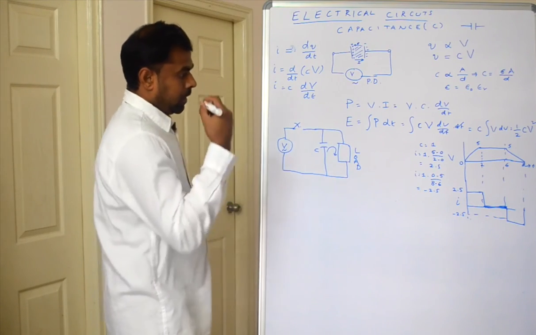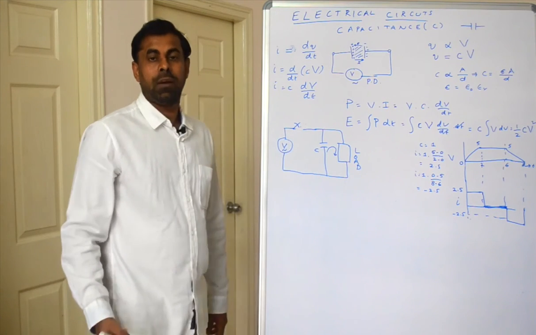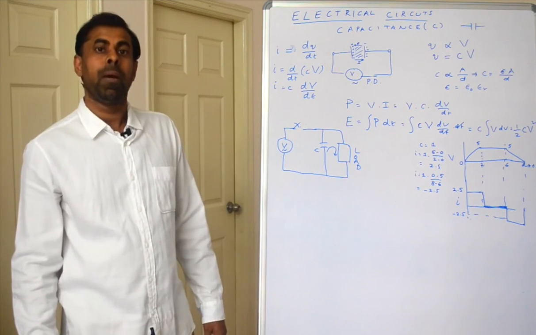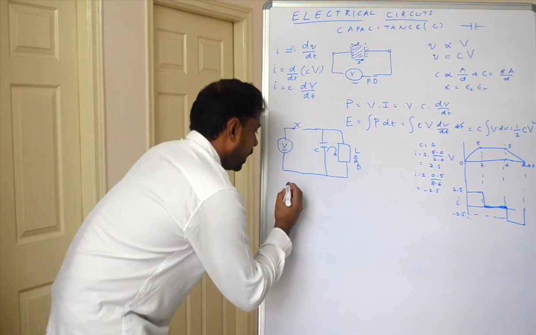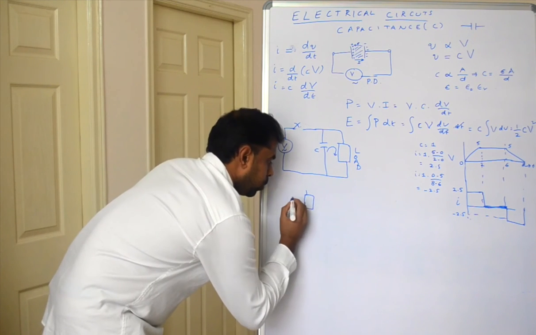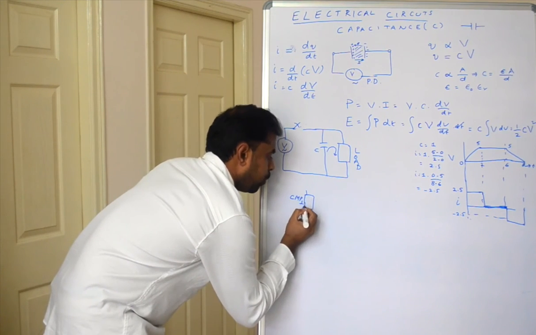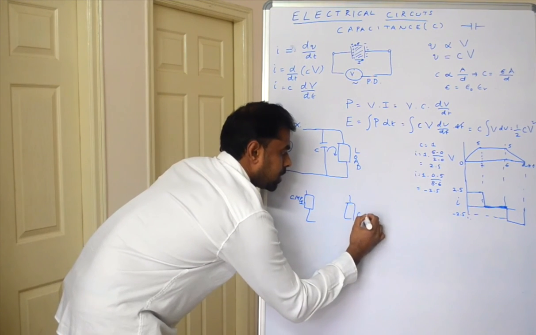Next I will tell one more example where capacitance is widely used: as a decoupling capacitor or bypass capacitor. Suppose this is component 1, and somewhere there is some component 2.